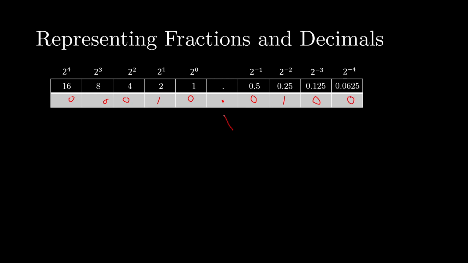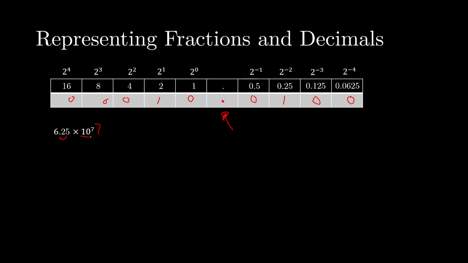And then we got a point there. And so this is what people call fixed point binary, where the decimal point is fixed in place. But what if we wanted to represent a really large number in binary? Well, in base 10, we usually use scientific notation to represent very large numbers, right? We multiply by 10 to the power of something. And that's because in base 10, whenever you multiply by 10, it shifts the decimal point one place to the right.